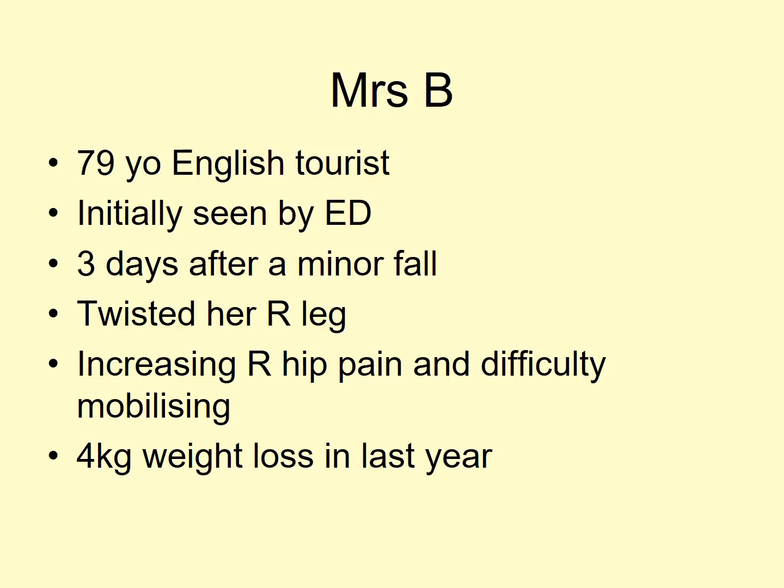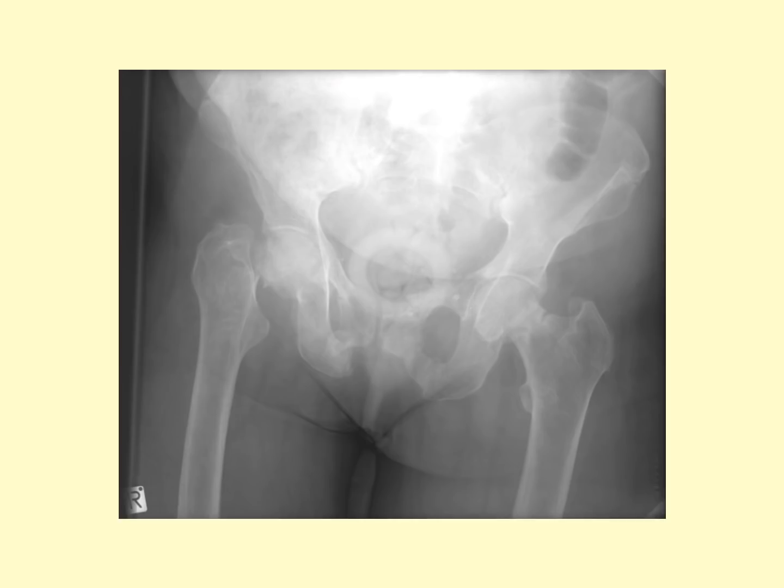She'd had a few kilograms of weight loss in the last year. She was quite uncomfortable, and when x-rays of her pelvis were done, she was found to have a trochanteric fracture.